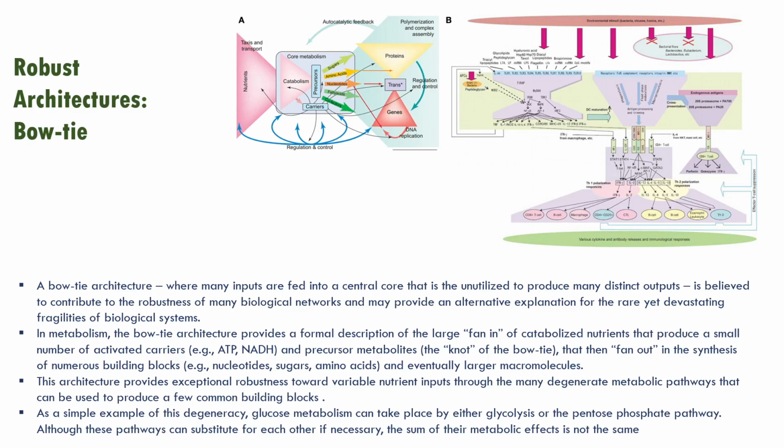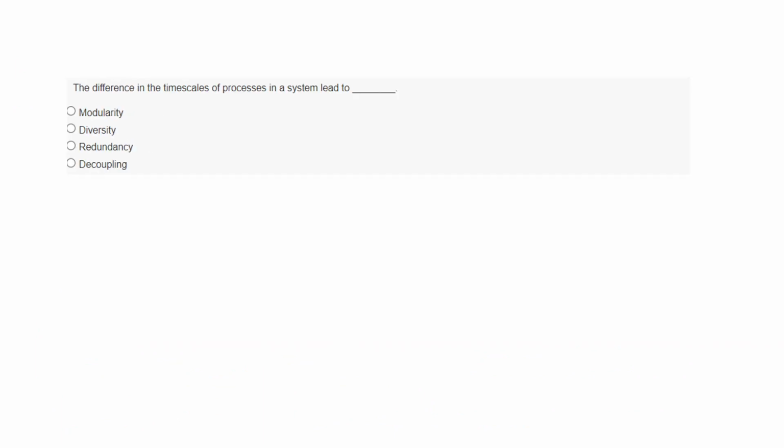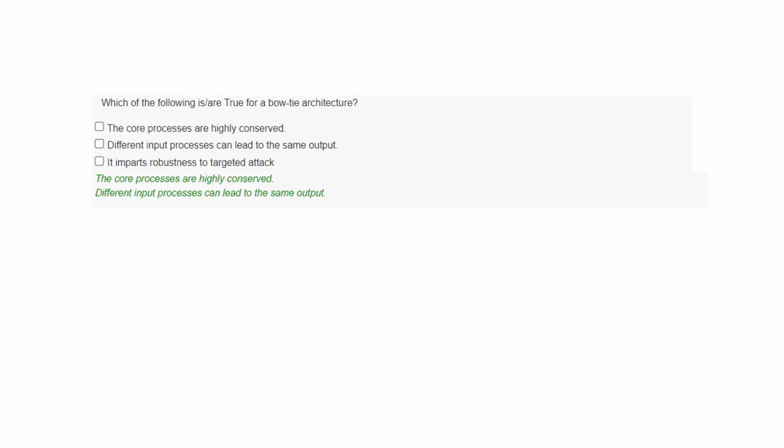Even if a few of the inputs are gone, the precursors will still be formed and the outputs can still be formed. Get it? So that's the whole idea of the bow tie. This whole constriction is because you're taking all your input and constricting it to the same set of precursors, and the output is different.